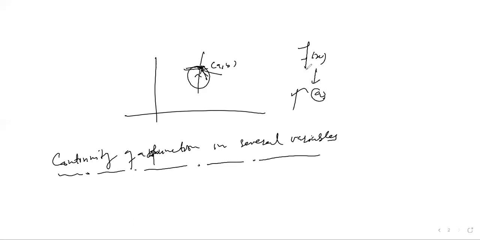That means you have to apply the previous procedure by which you can check whether its limit exists or not. If the limit exists, then you can think about continuity.